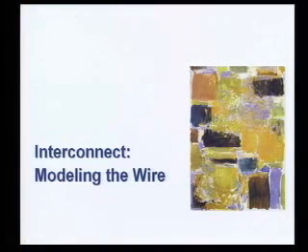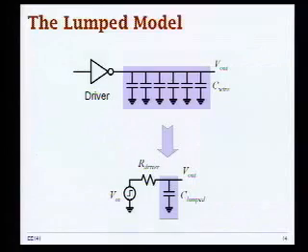And then we went into discussion about how do we really capture the impact of RC on our circuits. And then we derived a couple electrical models that are suitable for hand analysis and understanding the first order effects that are going on.